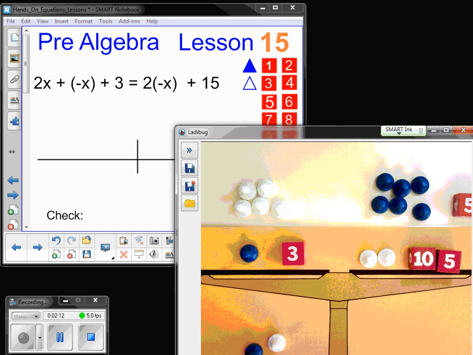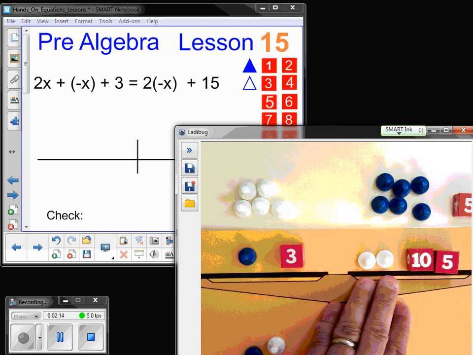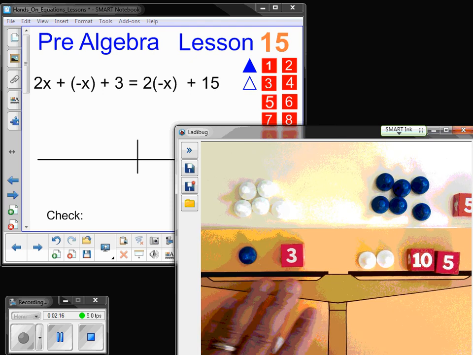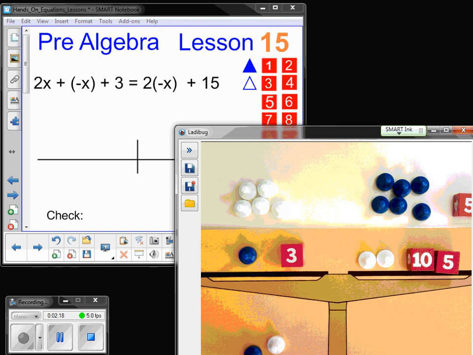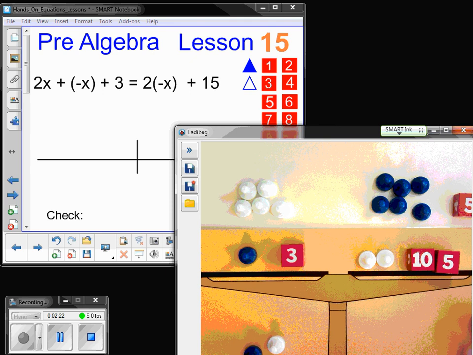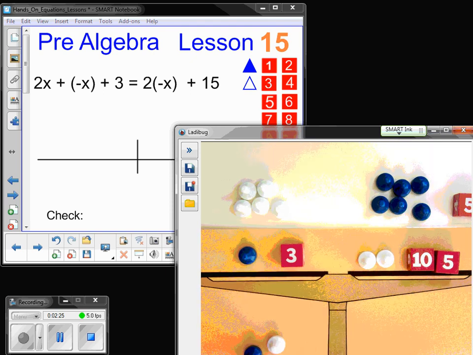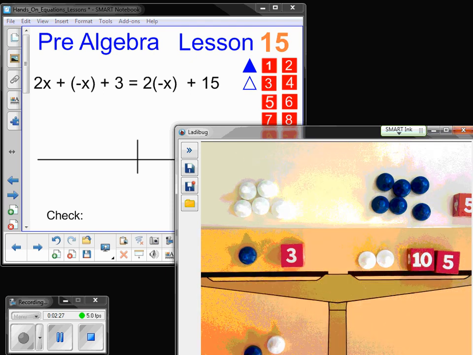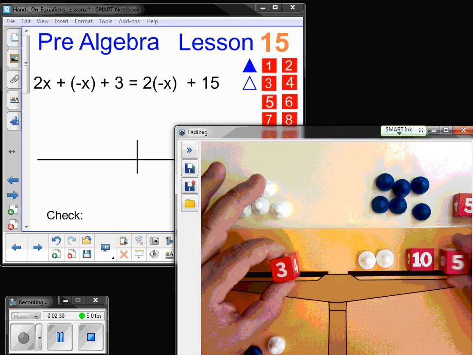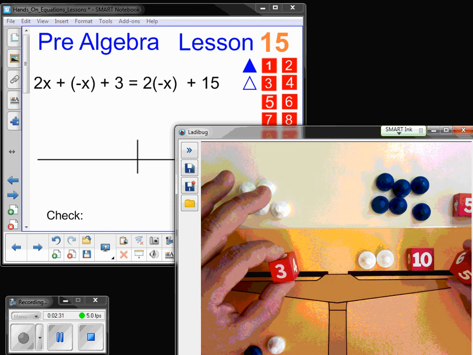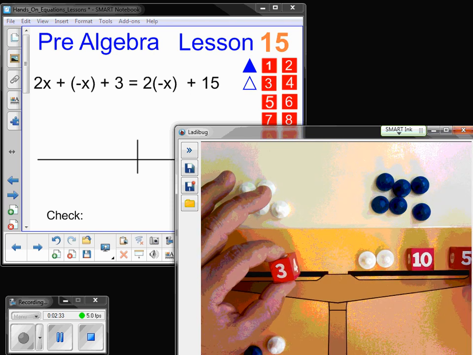So now we've got to work that down a little bit. I have to either get rid of one or the other. Remember, this is what we had back in lesson 12 or 13. We've got to get it down so I have numbers on one side and the variables and the other stuff on the other. Well, now this 3 can go into this 15 and leave 12.